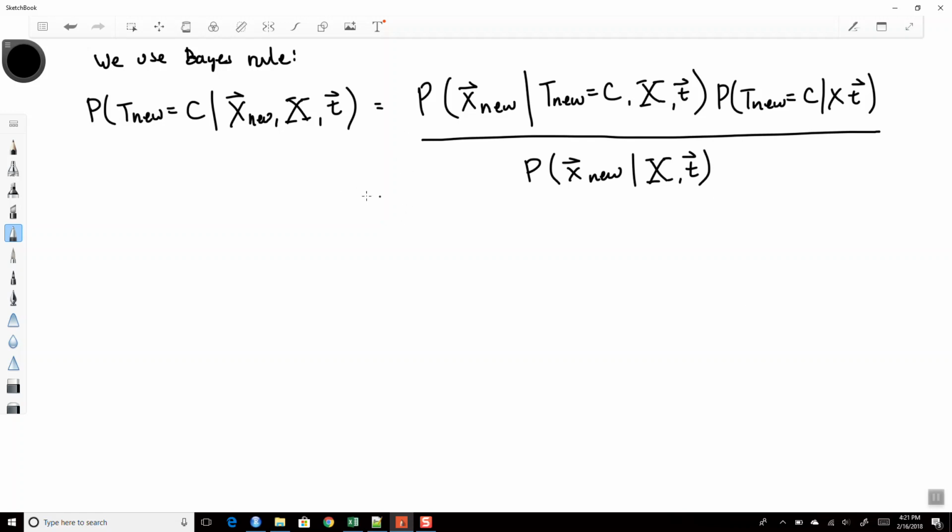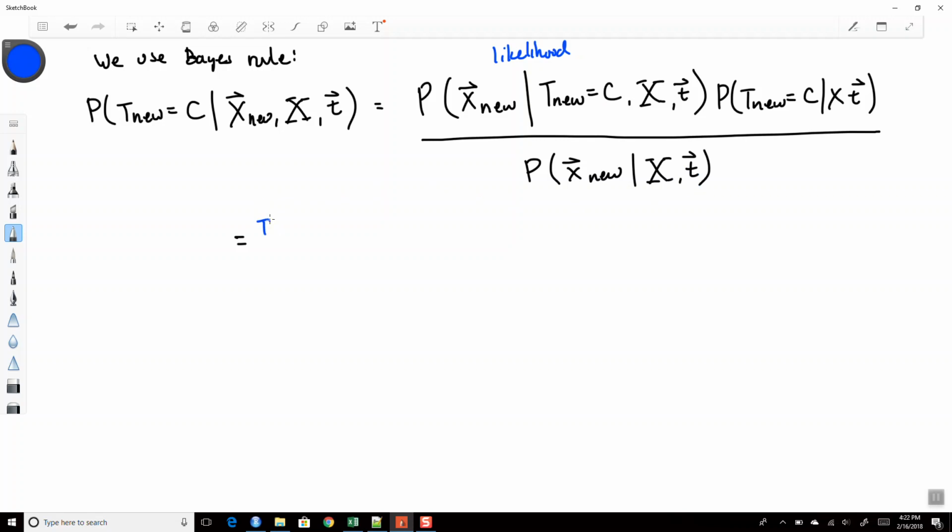All right, what does this translate to? So I just applied Bayes' rule, and I just switched the terms x new and T new, basically. Okay, let's parse this out. This first term is going to be our likelihood term. What is this?